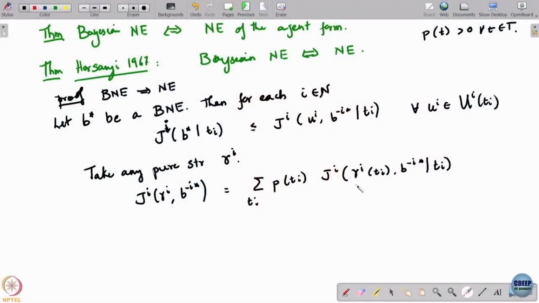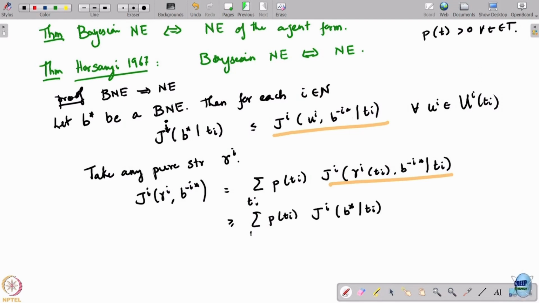And now, what is this quantity here? Well, this quantity here is actually present here, right. So, this guy is in fact greater than or equal to P of Ti Ji of B star given Ti, and this is therefore Ji of B star, right. So, what did we just prove? We just proved that Ji of B star is less than or equal to Ji of gamma i comma B minus i star, right.